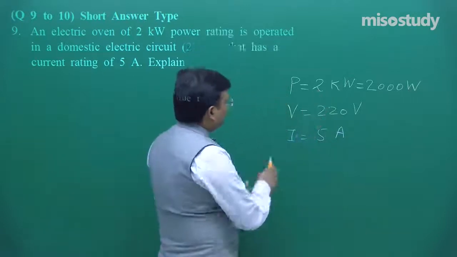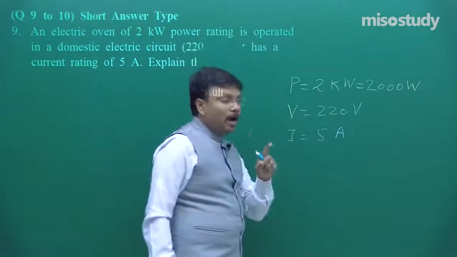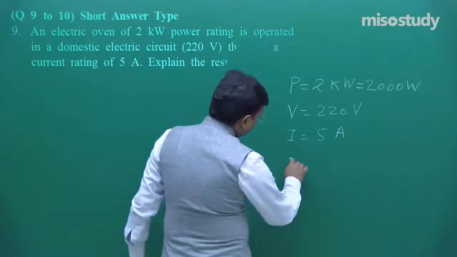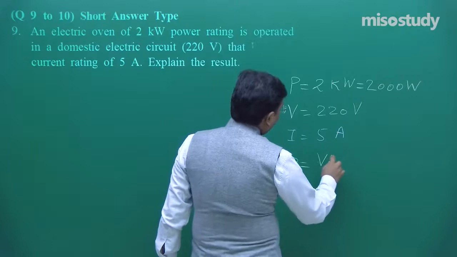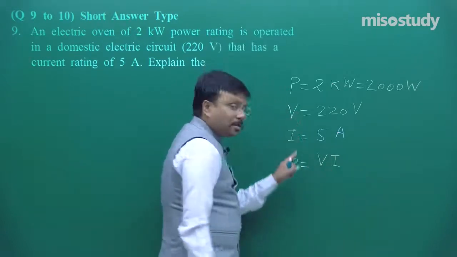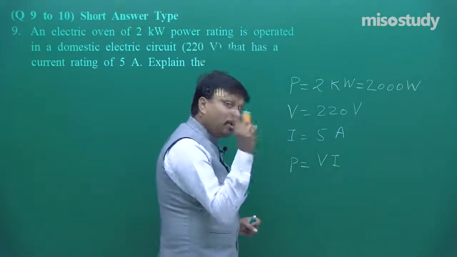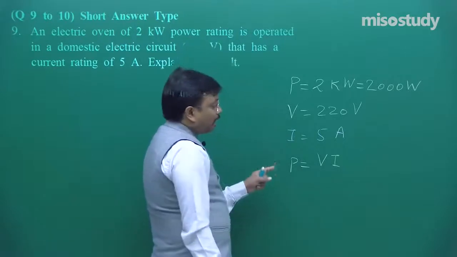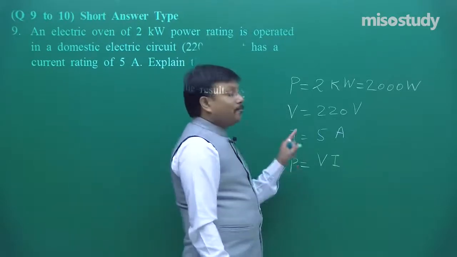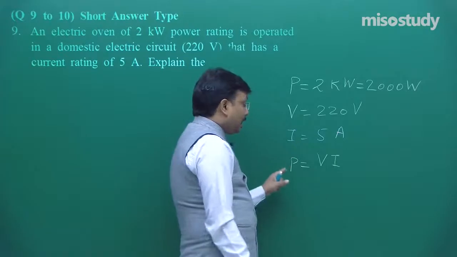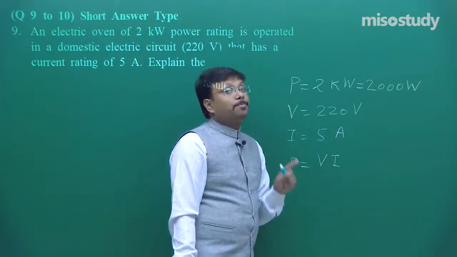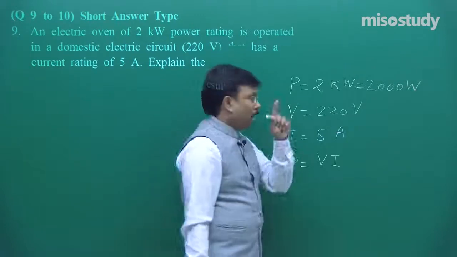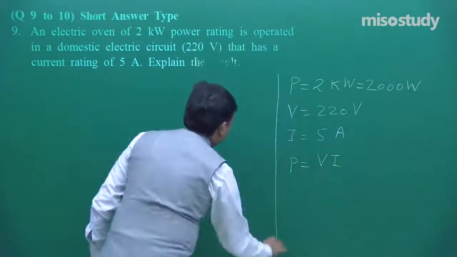So, first we will try to find out the value of R over here. So, P is equal to VI. Now, everything is given over here, but we want to find out R. So, either we can use V is equal to IR, then I can say P is equal to I square R, I can get R, or I can use P is equal to V square upon R. So, both results I am writing.